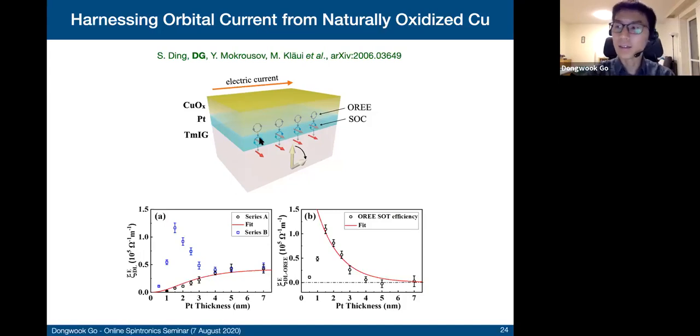Okay, I'll answer in two different ways. For orbital relaxation length, for a spin-orbit coupled system like platinum, orbital and spin are pretty much locked together. Therefore, in this case, the orbital diffusion decay length is pretty much the same as the spin decay length because of strong spin-orbit interaction.